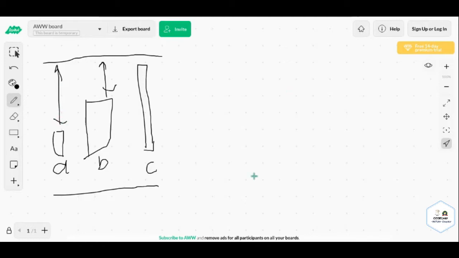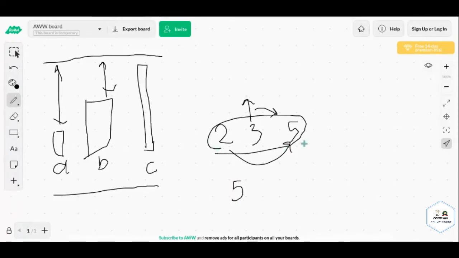Let's say C has five coins, A has two coins, and B has three coins. So our first requirement will be to make three equal to five, and make two equal to five. That is, we require a total of five coins to make them all equal to the maximum of them.